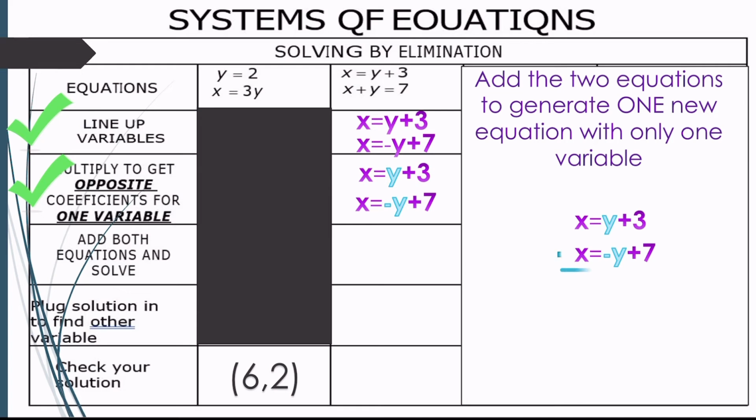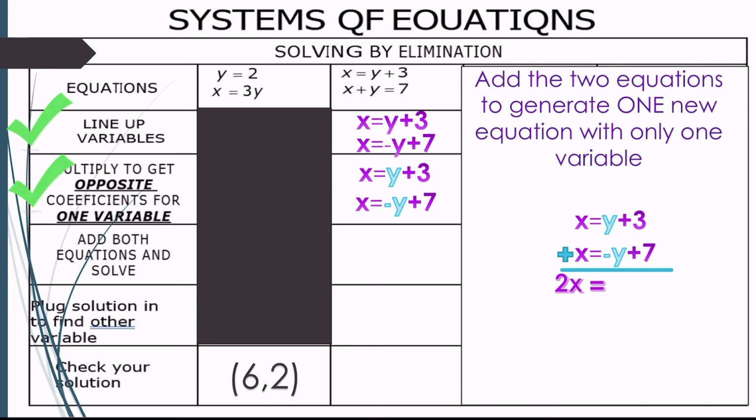When I add x plus x, I get 2x. I'm going to put my equal sign. Now I'm adding 1y and negative 1y. Those are going to cancel. And that was the whole point of step 2. The whole point of multiplying to get a zero pair was so that they eliminate.